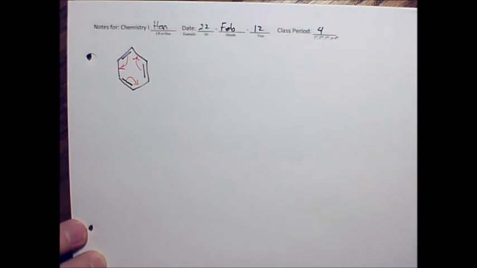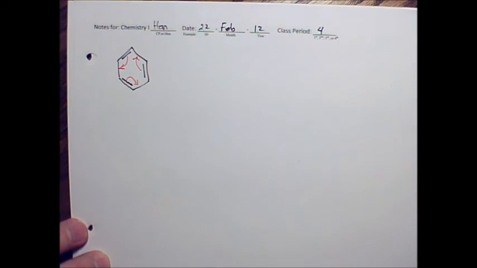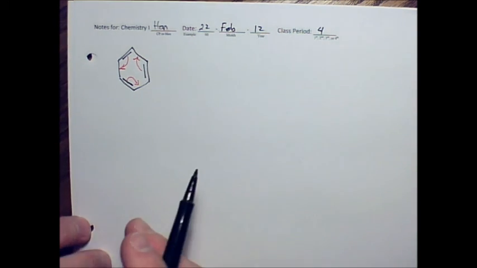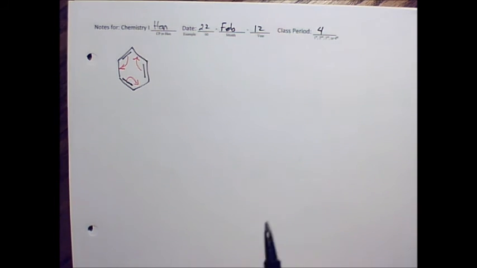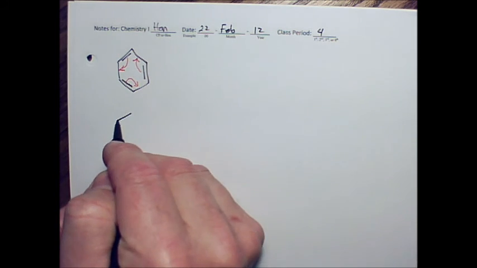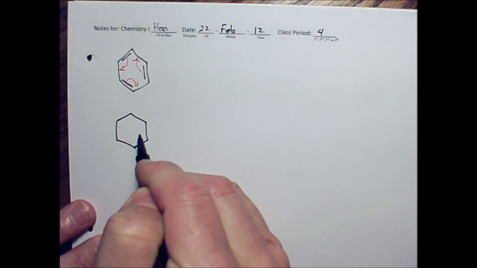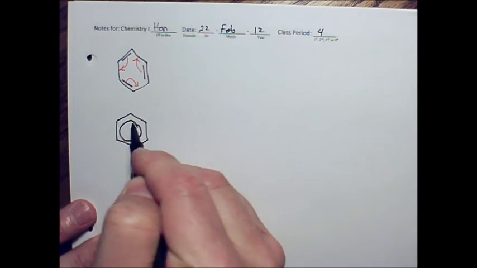Because the electrons really aren't centered in one place, this drawing, even though we use it often, is not really indicative of what's really going on. So we also have another way of drawing this kind of structure that gives us a better picture of what the electrons are actually doing.